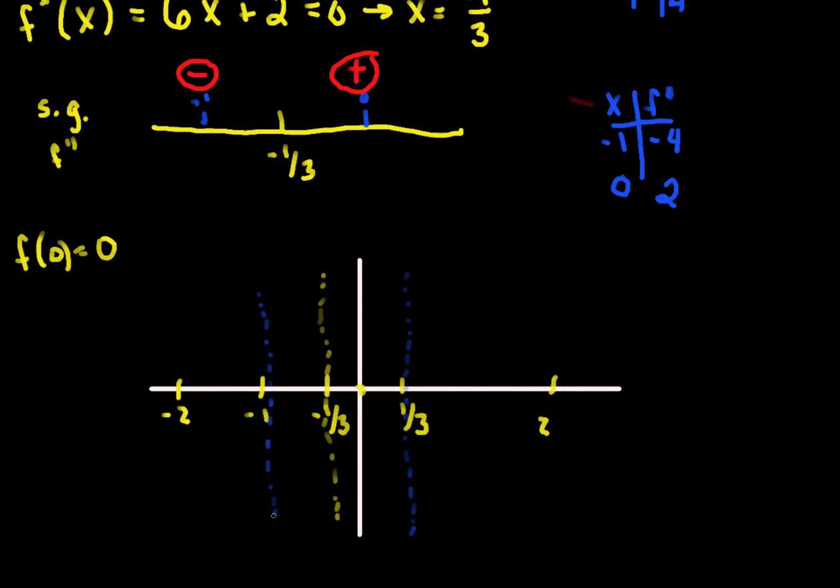And so if we start our function down here, it's going to be increasing until we hit this spot, and then decreasing till we hit this spot, and increase again. And so it'll look something like this. At this spot, it stops increasing. Now it's going to be decreasing until it hits here, and then it will be increasing again. And we know at this spot it changed from concave down to concave up.